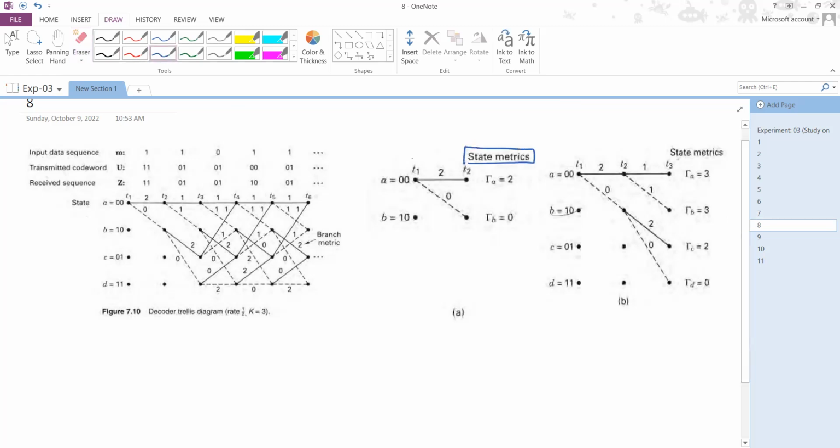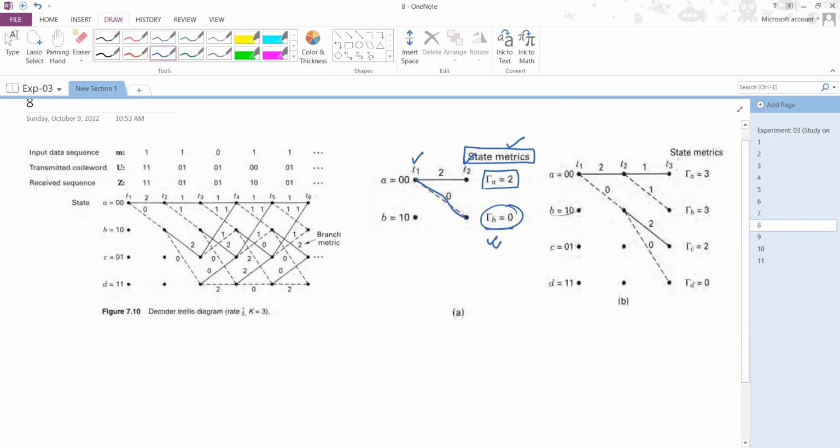That means from T1 to T2, how much Hamming distance it has covered. So that is represented by these state matrices. So tau A is 2 here because the Hamming distance between T1 to T2 is 2. So this is the state after the time T2. Okay. For this case, it is 0 because the Hamming distance between these two is 0. So this is after the time T2.